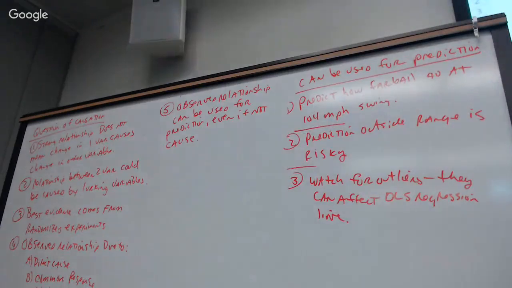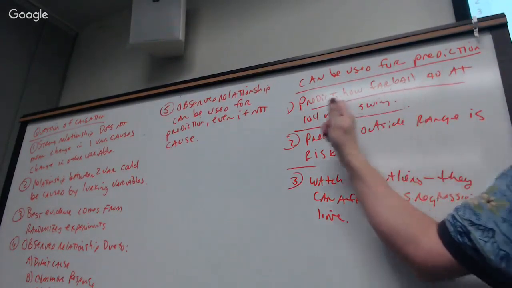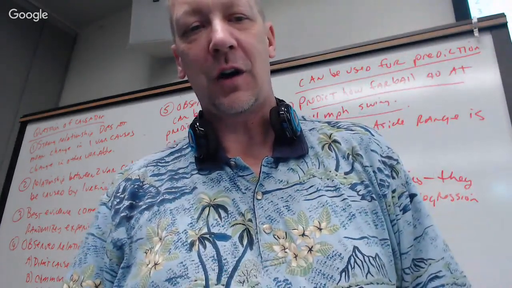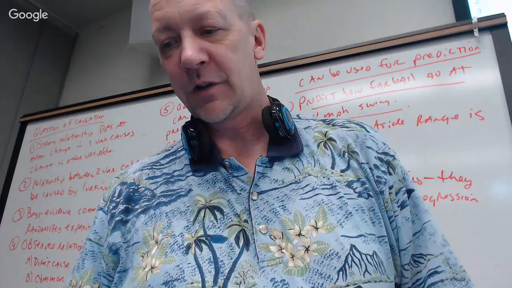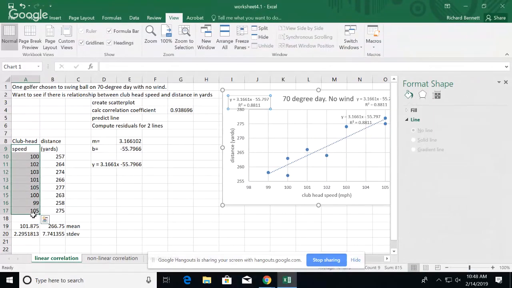All right. So let's go back to this example here. I wanted to see how far the ball goes with a 104 mile per hour swing. Let's go back to our spreadsheet for a minute. So notice here we don't have a 104 mile an hour swing.